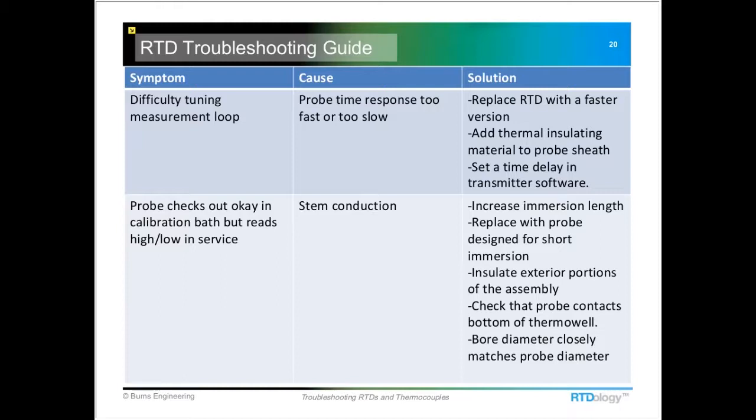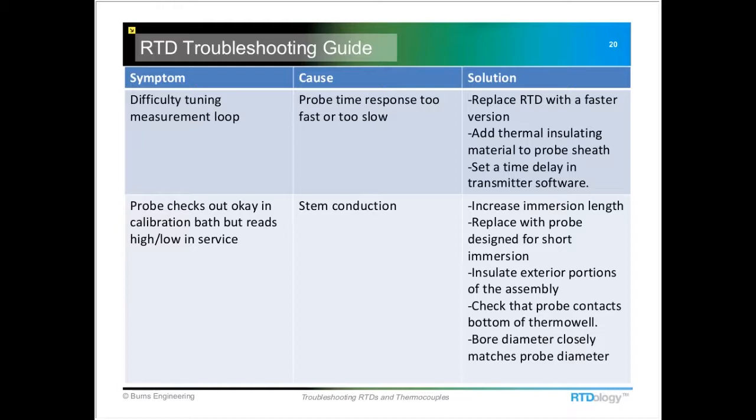Now, one of the biggest error sources that I see, and it goes to this indicating a higher or lower temperature than what is expected, is stem conduction. The probe is going to check out okay in a calibration bath, but you put it in service and it's going to be reading too high or too low, and it's a bit of a mystery.